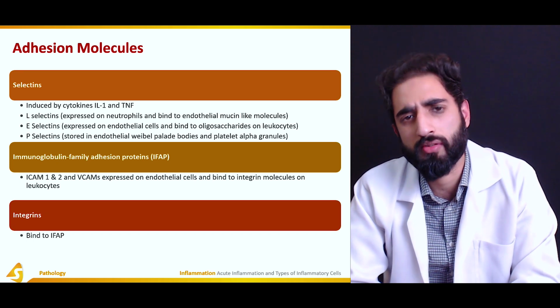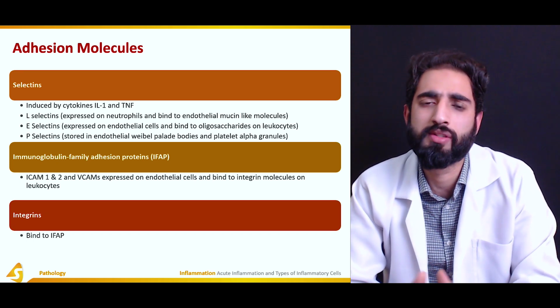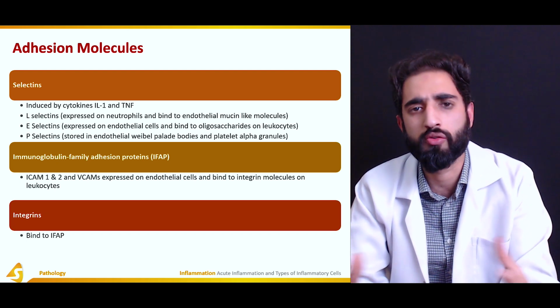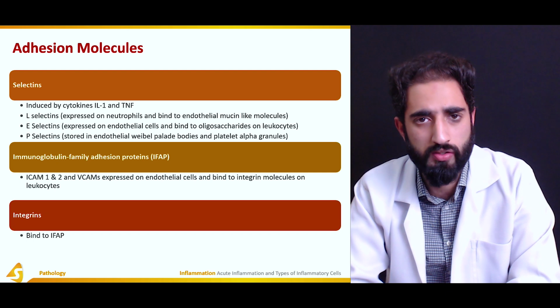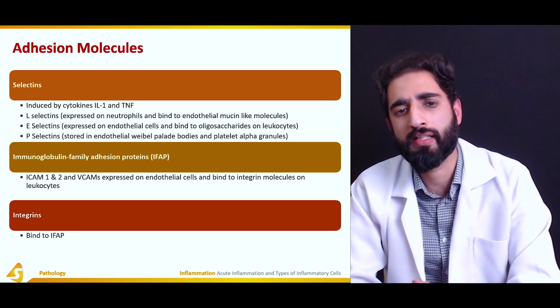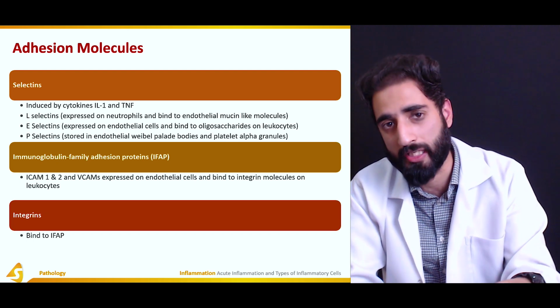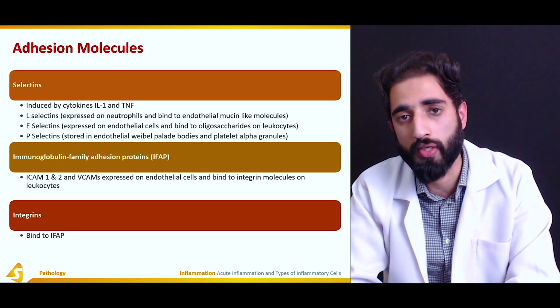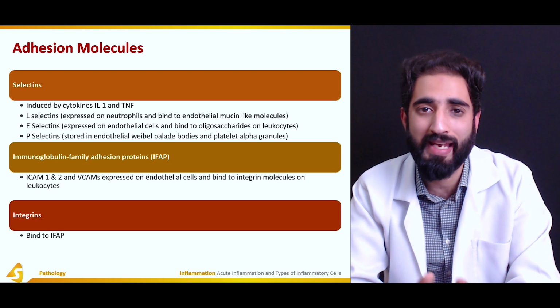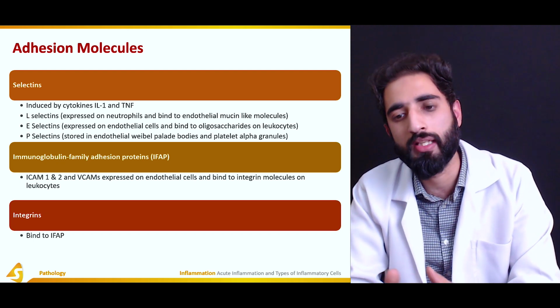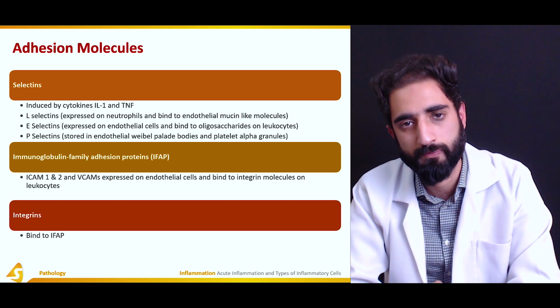As the name suggests, adhesion molecules are actually used to adhere different cells or particles or molecules together with each other. L-selectins are those type of adhesion molecules which are actually expressed on the neutrophils, which are a type of WBCs, and they are used to bind them to the endothelial mucin-like molecules.